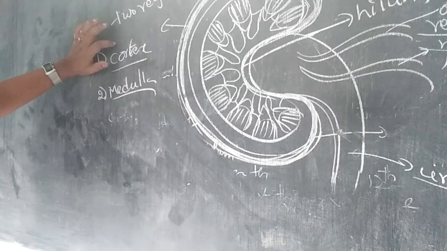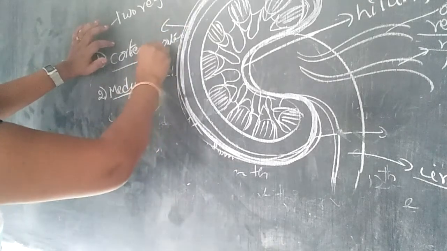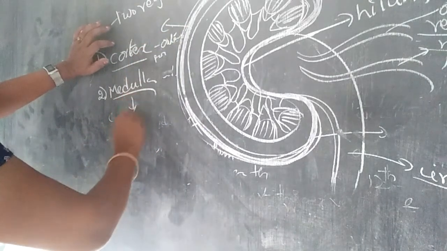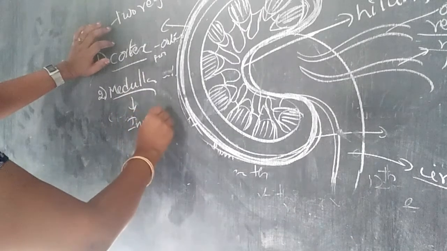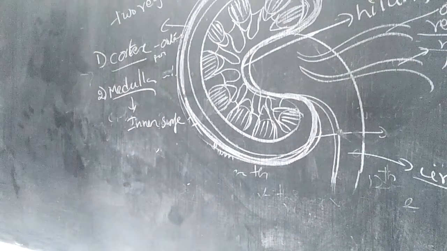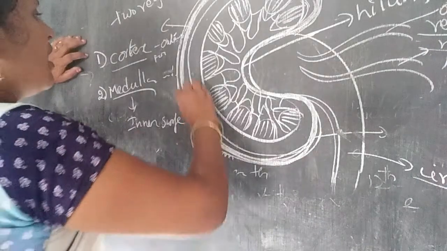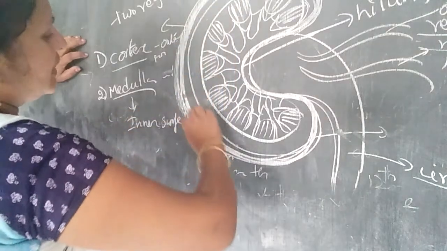The cortex is the outer part and the medulla is the inner part of the kidney. And next, this is the outer surface of the cortex.